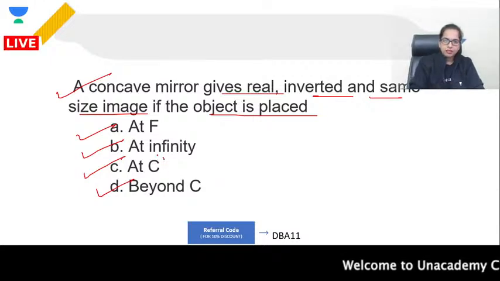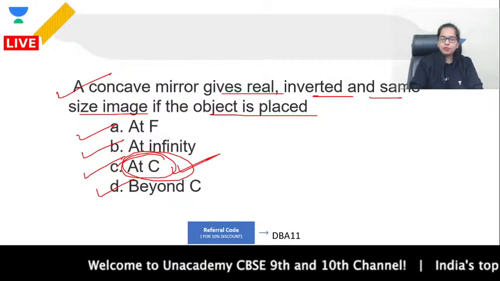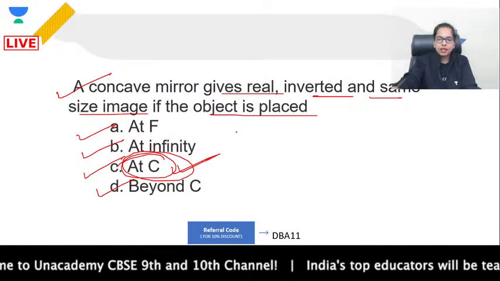C is the right answer. Object is placed at center of curvature. Okay? That is why the concave mirror is producing a real, inverted and same size image.